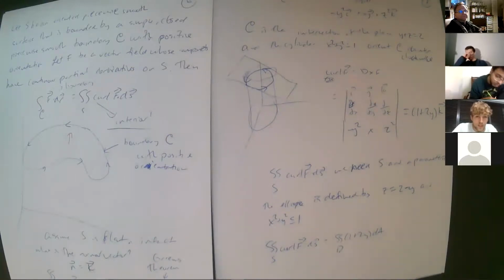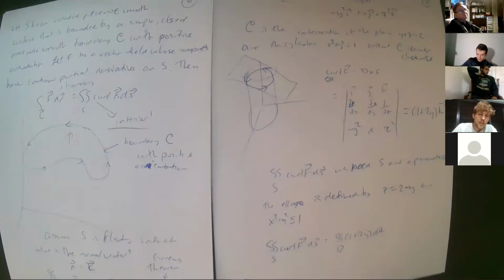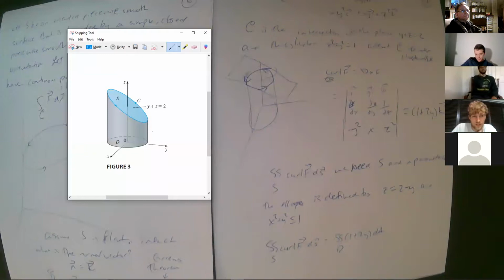And what is D? D is the information in the xy plane, right? And what are the constraints on the xy plane? Right here. D is, as the picture says, this region right here.